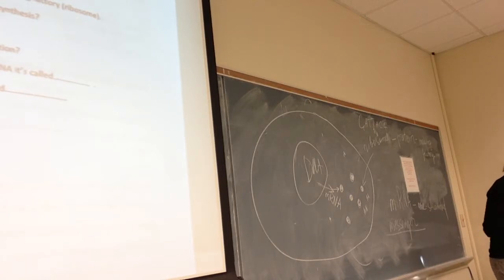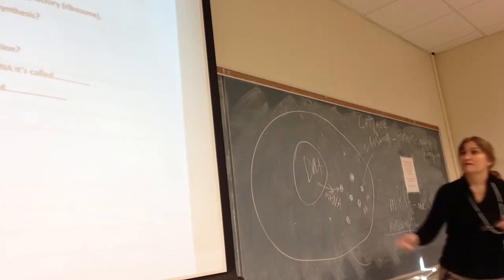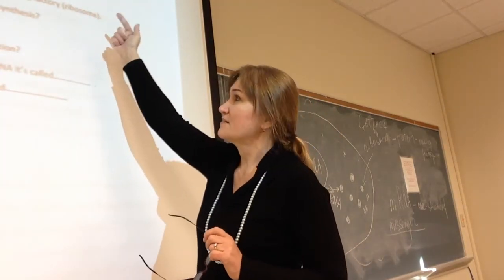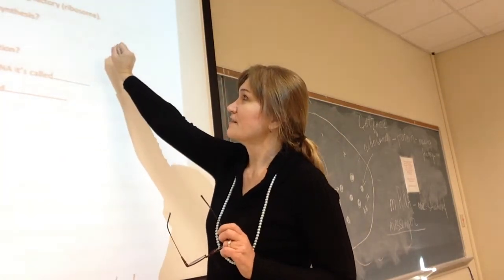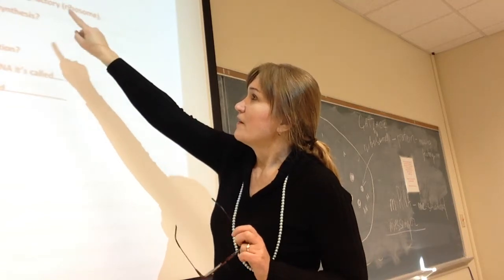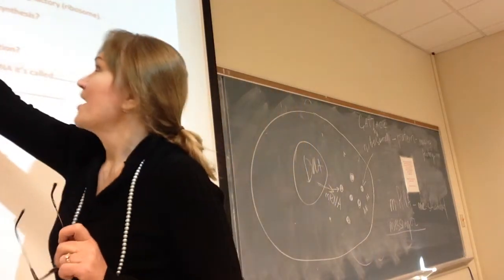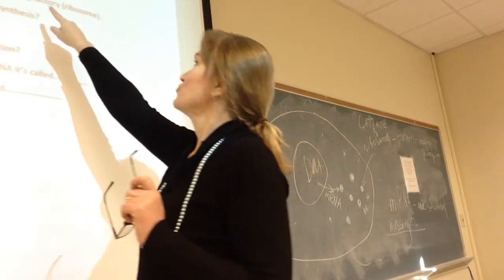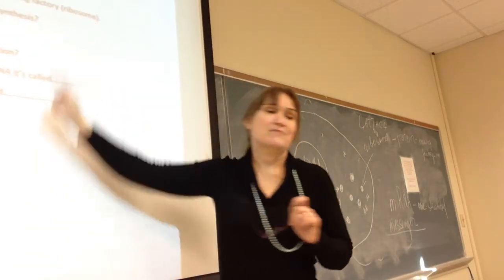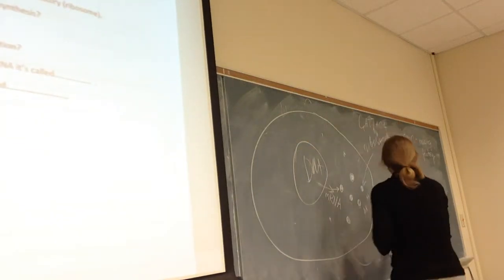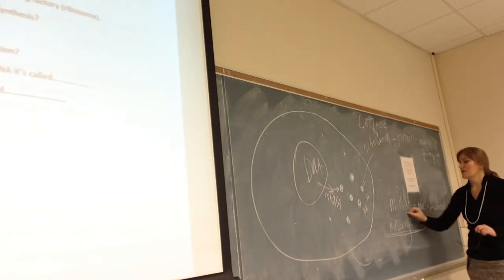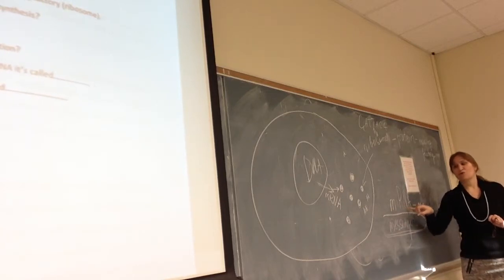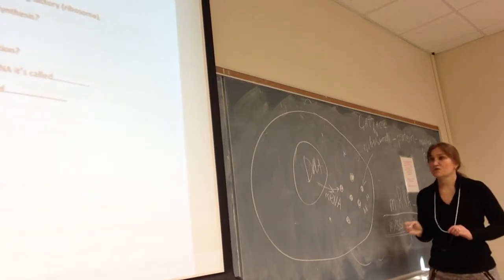RNA is one-stranded and has U instead of T. Now, which RNA delivers a message from DNA to the protein-making factory, which is the ribosome? That's easy. It's right in the name. Messenger. That's why we have a little letter M in front of RNA, which shows its function.